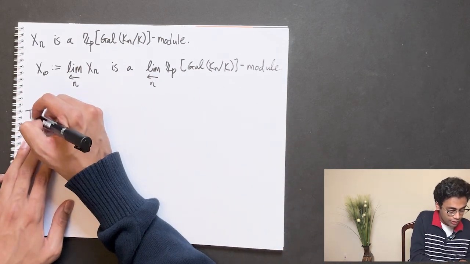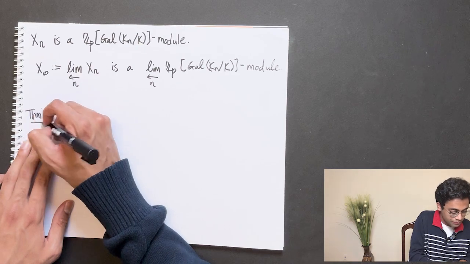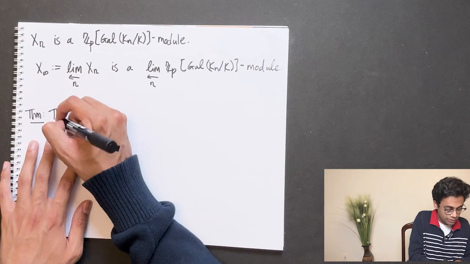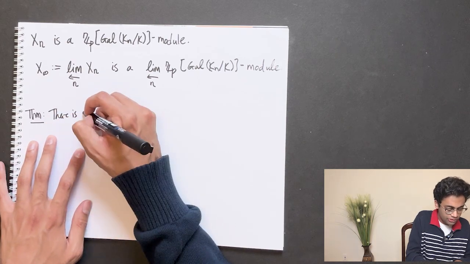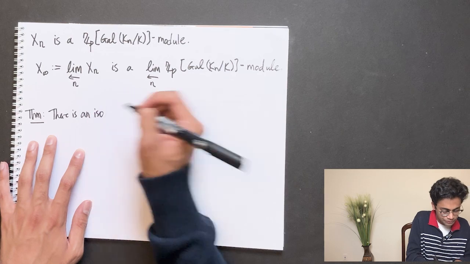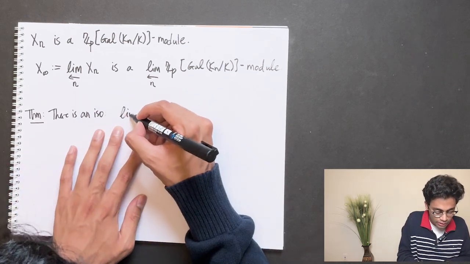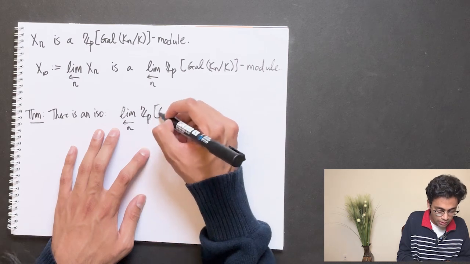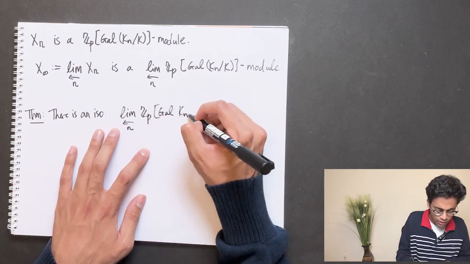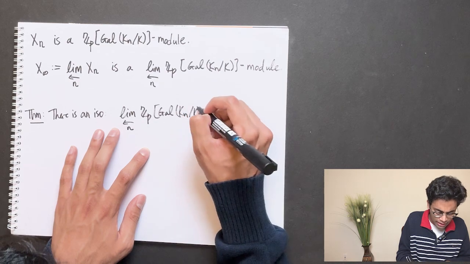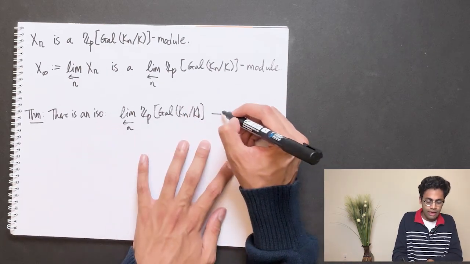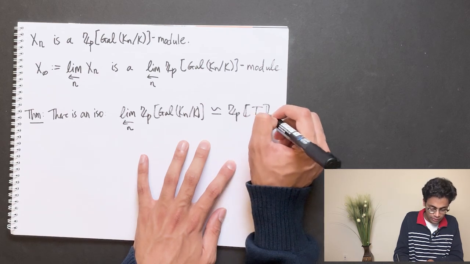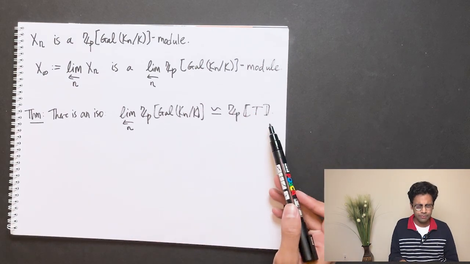Luckily, there is a very nice theorem which gives us a nice structure for this. It says there is an isomorphism between the inverse limit of Z_p[Gal(Kn/K)] and the power series ring Z_p[[T]].